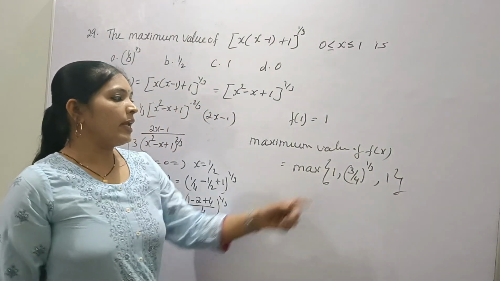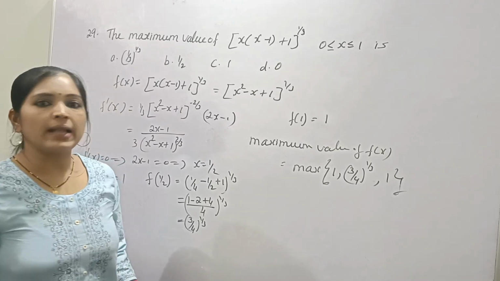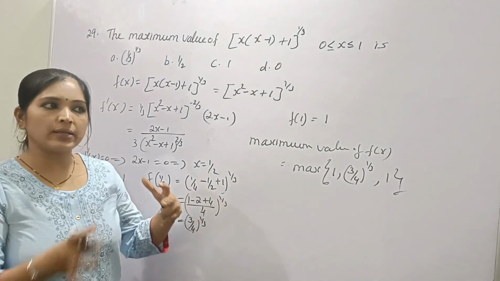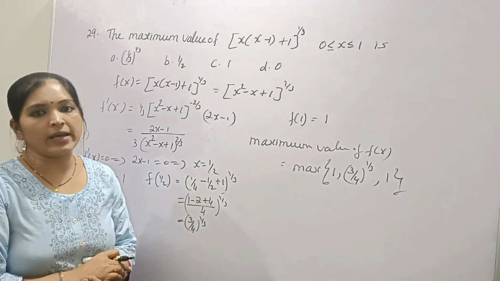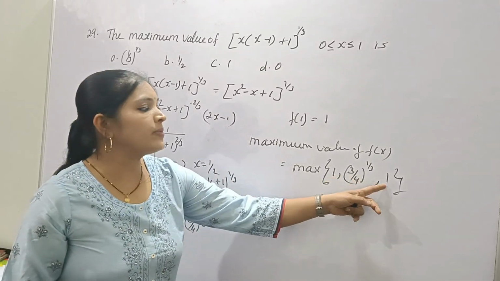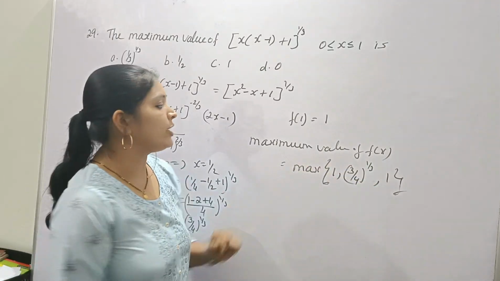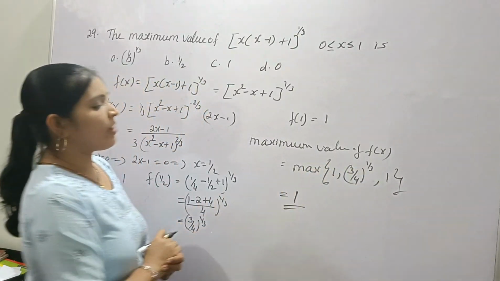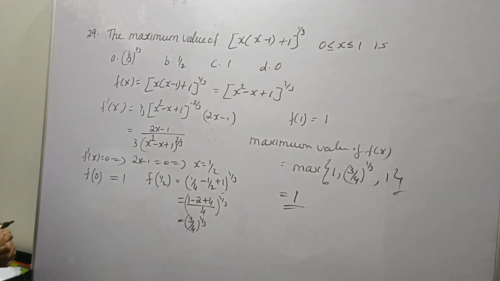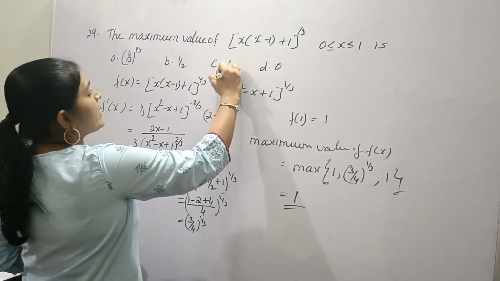Now 3 by 4 is less than 1, and its cube root is always less than 1, right? So here the maximum is nothing but 1. The maximum among these values is 1. So our answer is 1.